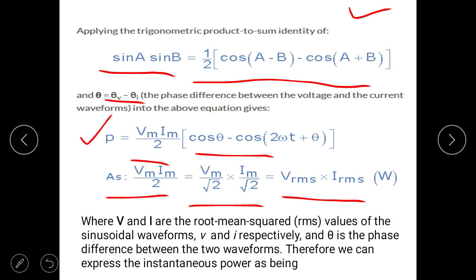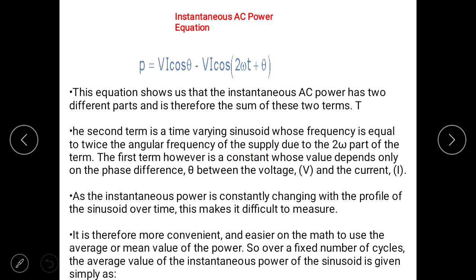Therefore, we can express the instantaneous power equation as P is equal to VI cos theta minus VI cos(2 omega t plus theta).